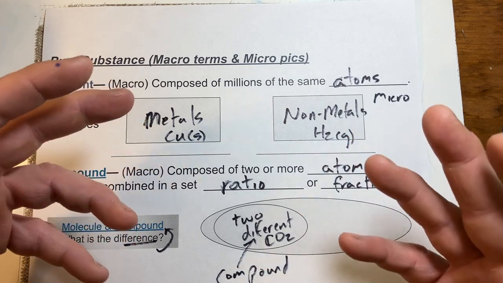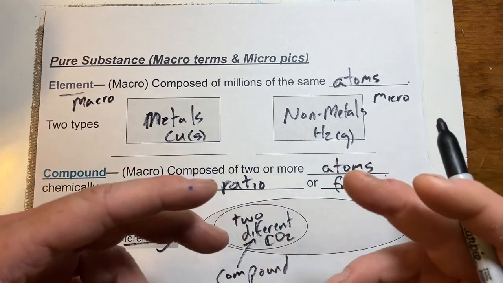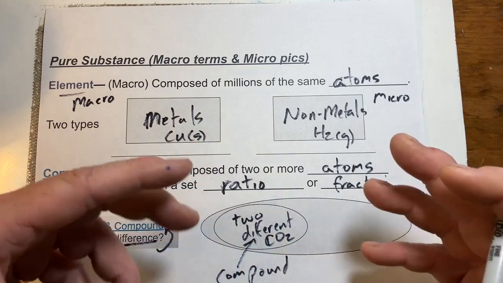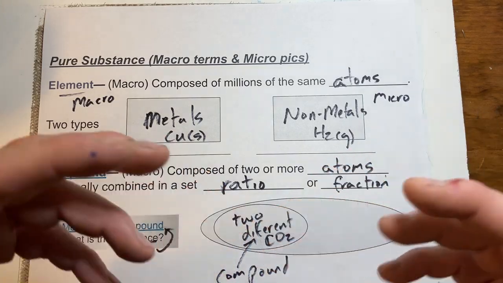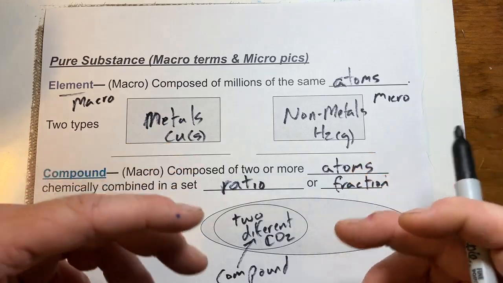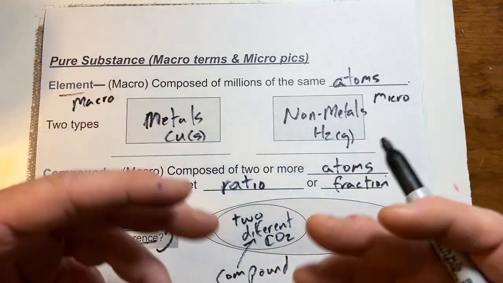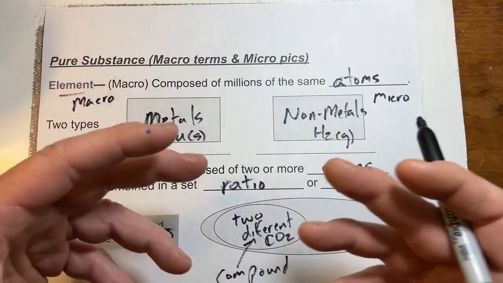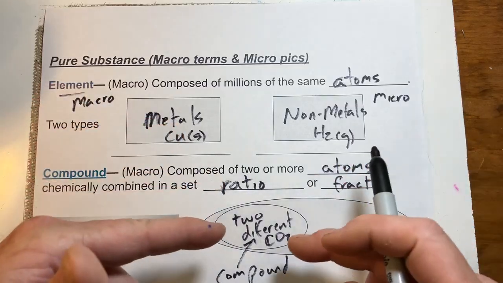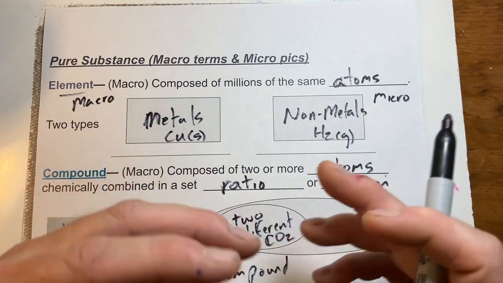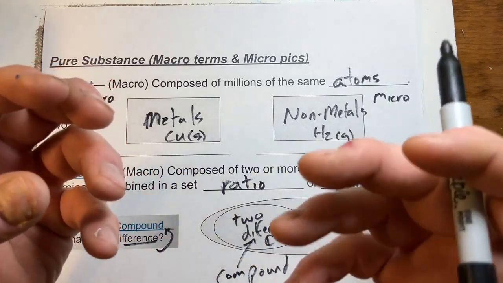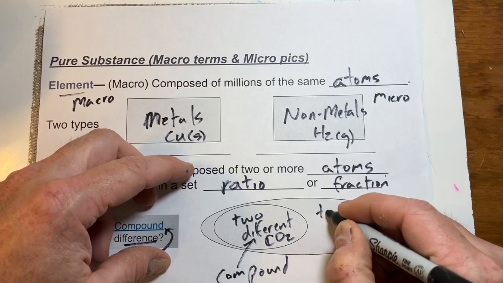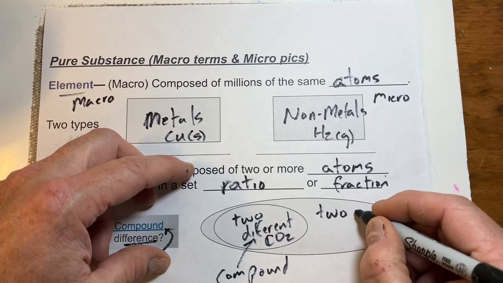Not all 4-legged creatures are dogs, but all dogs are 4-legged creatures. So it's like a logic circle within a bigger logic circle. When you say, show me a 4-legged creature, you can show a giraffe, an elephant, whatever. But if you say, show me a dog, well, it's a four-legged creature that's more specific. It's the same sort of relationship between compound and molecule. Molecule is any two or more atoms bonded together.